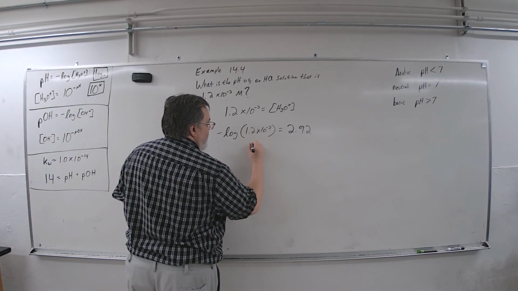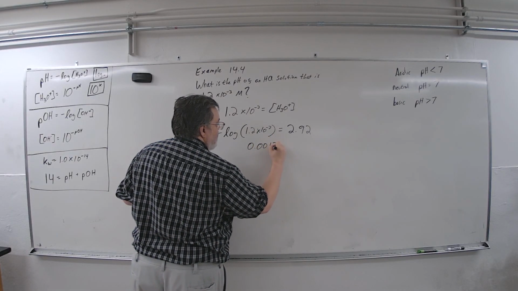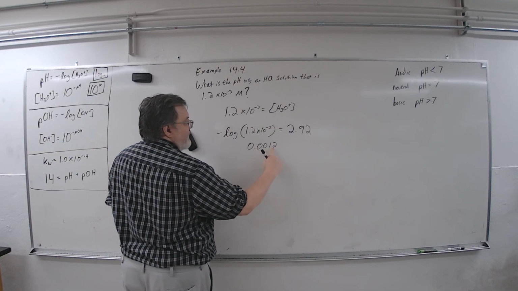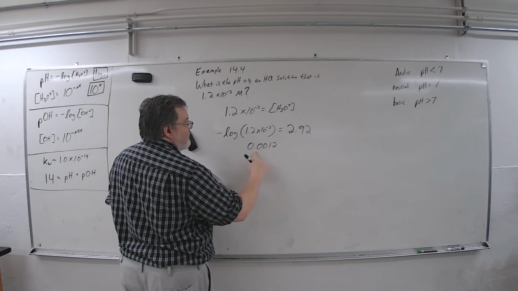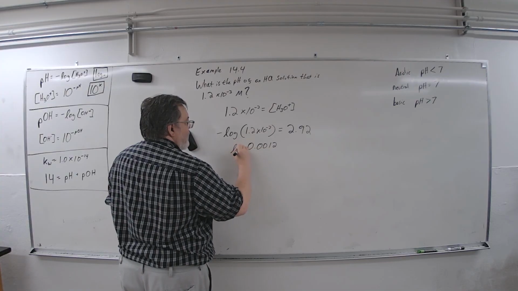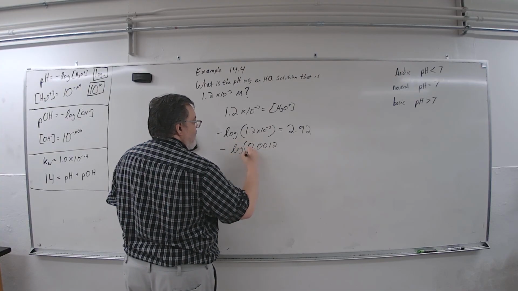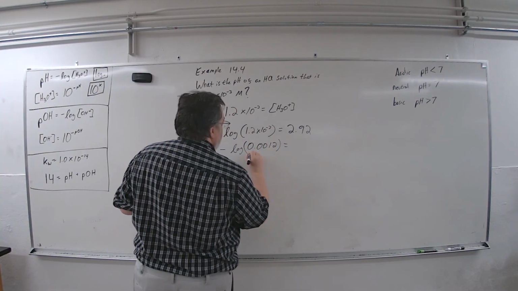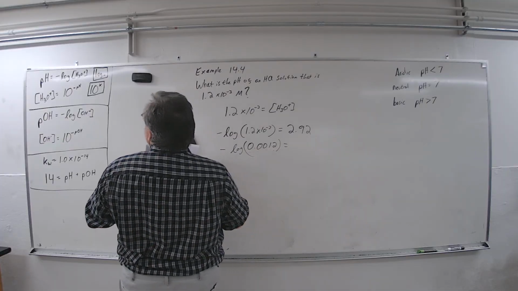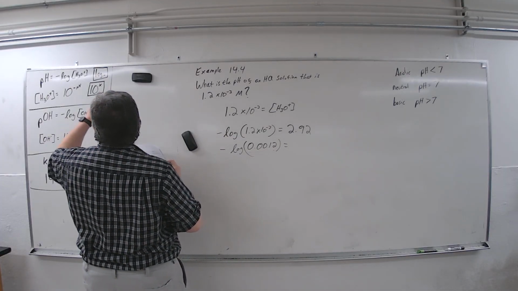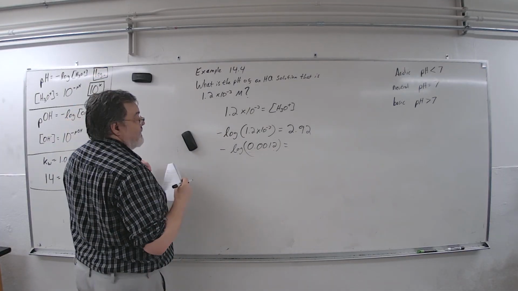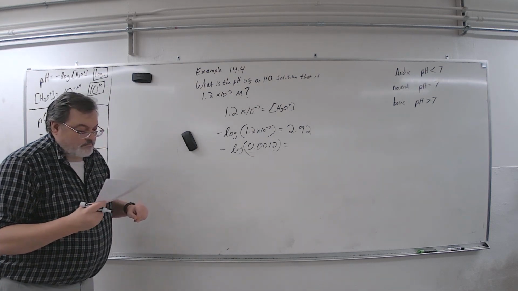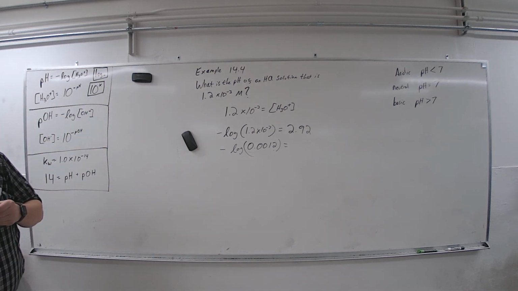If I were doing it old school, I would put that in my calculator, 1, 2, 3, and take the log. Meaning I would put that in the calculator and then hit this key to find the pH. Okay.